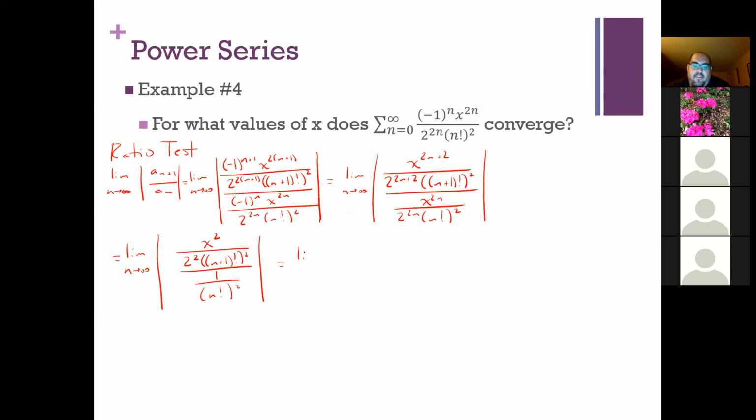And now I'd really like to get rid of this compound fraction stuff. All right, let me pause there for a second. Are we okay with that?